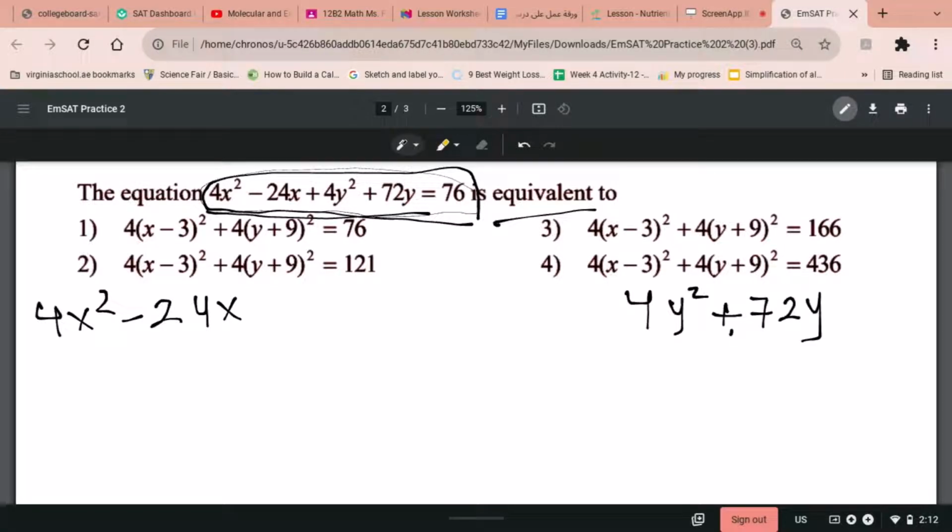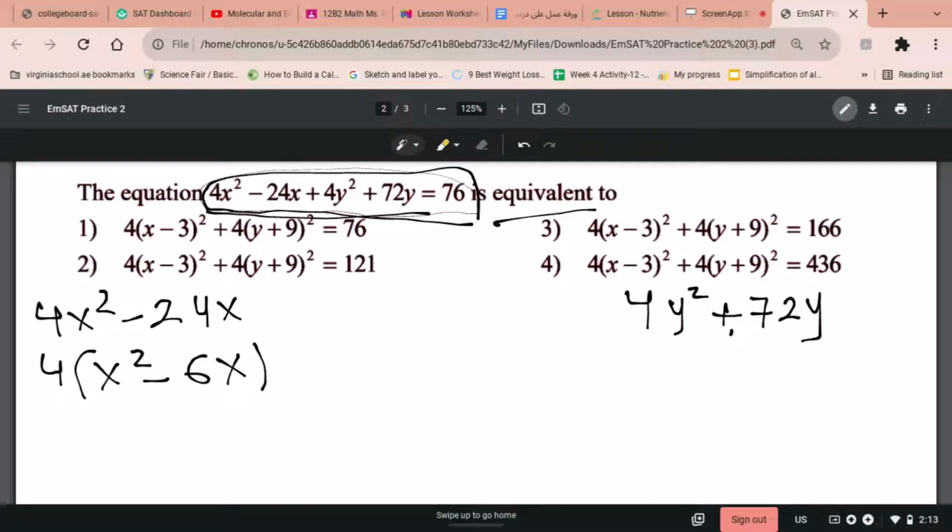To make it easy, we take the common factor. The common factor is 4. Then we remain with x squared minus 24 over 4, which is 6, so we remain with 6x.